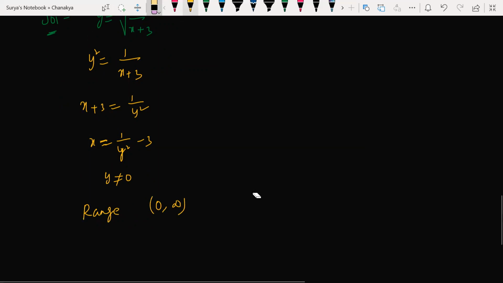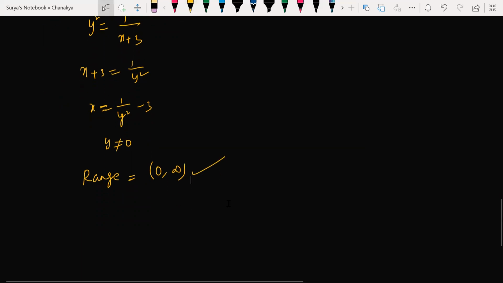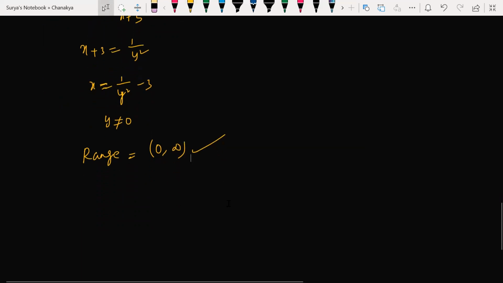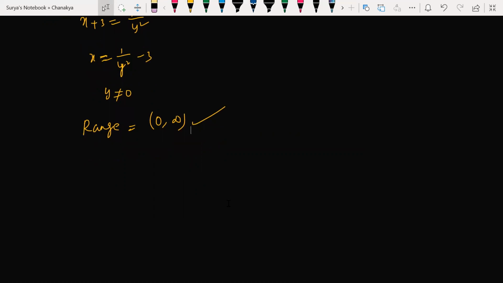Why? Because we are not including 0. Simple. So x will be defined for all positive real numbers, and here 0 will not be included. Anyway, 0 is neither positive nor negative.